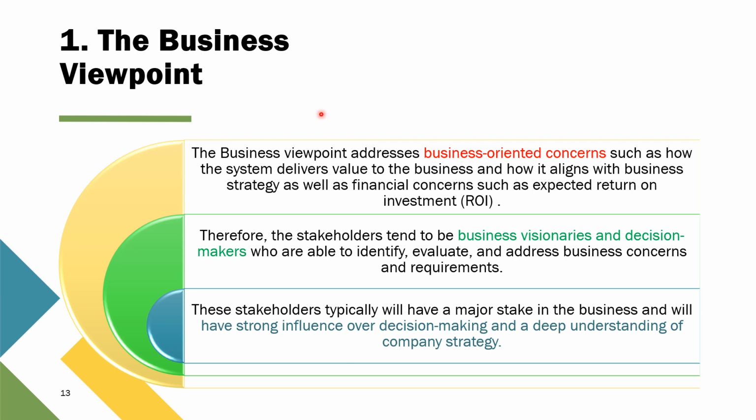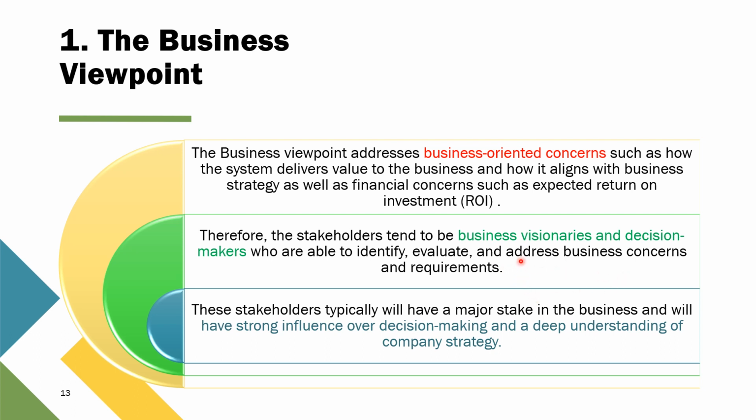Let's say you have to use a lot of money to upgrade your system to apply the smart system, to apply the IIoT. The concern will be how the system being developed, where they already invested, will return to them in terms of money. Therefore the stakeholders tend to be business visionaries and decision makers who are able to identify, evaluate, and address business concerns and requirements.